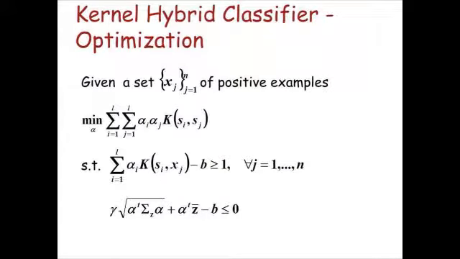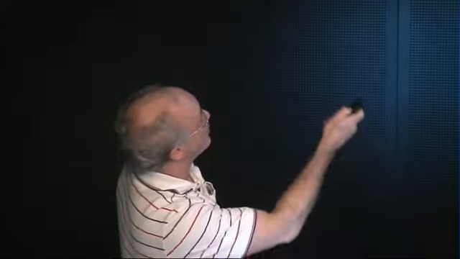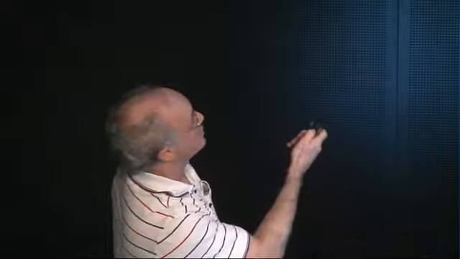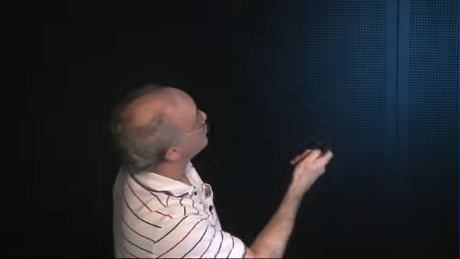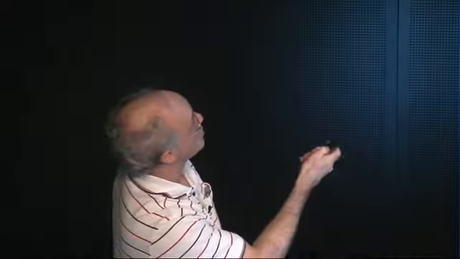Okay, this is how it looks when you really write the whole thing. So again, exactly the same condition, the maximum margin. The constraint on the positives, here the xj. Xj are the positive.